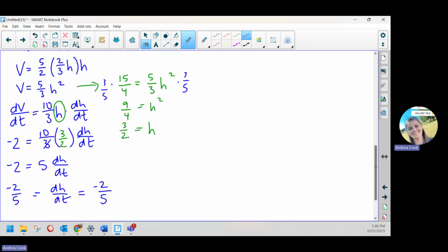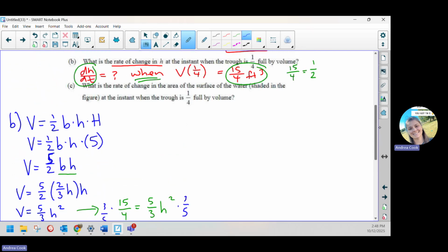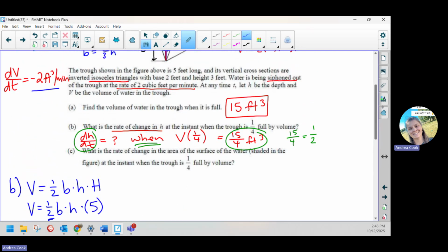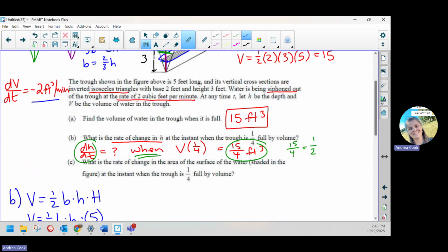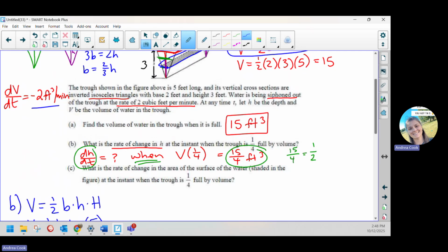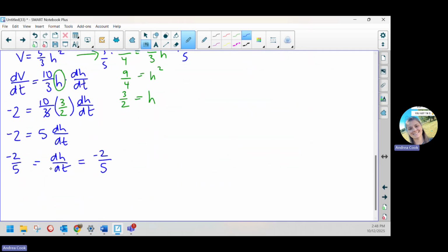It was measured in feet, and the time was minutes. So this is height, so it would just be feet per minute. And it should make sense that it's negative because the water was going down, so the height is changing at -2/5 feet per minute.